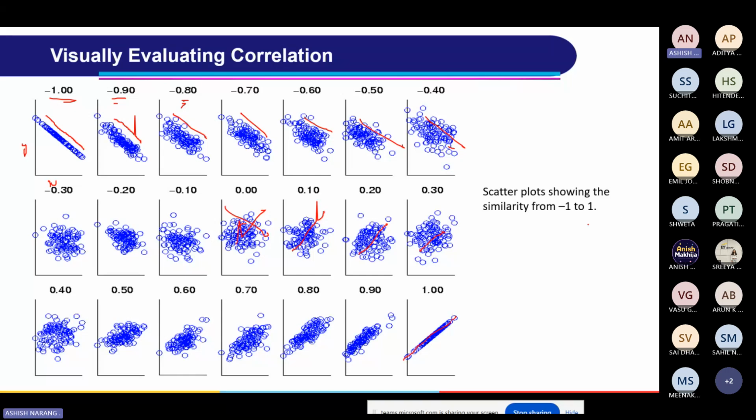Why is this important? To understand how a particular input feature impacts the output, right? I have some set of input features, maybe the size of a house, and the outcome is the price.